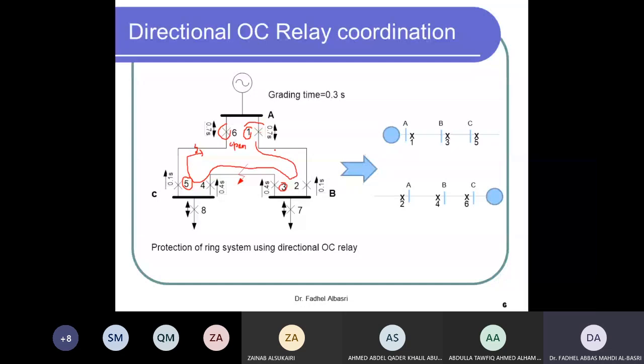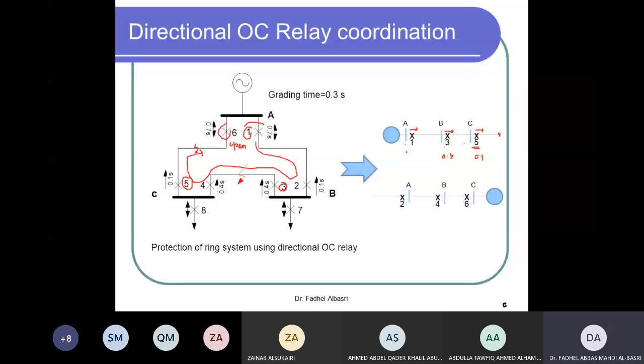So it's 0.4 second for this one, and I'll add another 0.3 seconds here, which will be 0.7. So there'll be 0.1, 0.4 and 0.7 seconds. This is coordination by time, using definite time overcurrent relays.